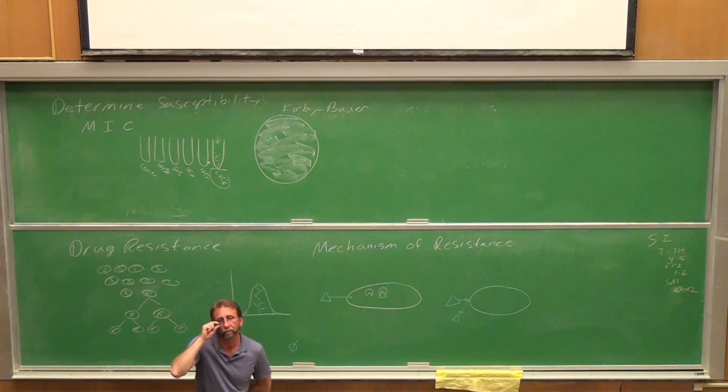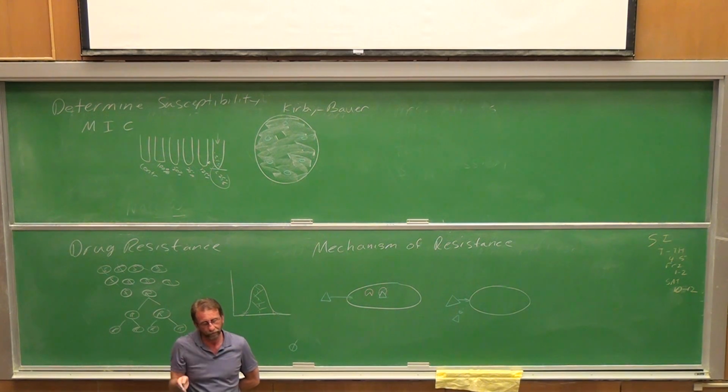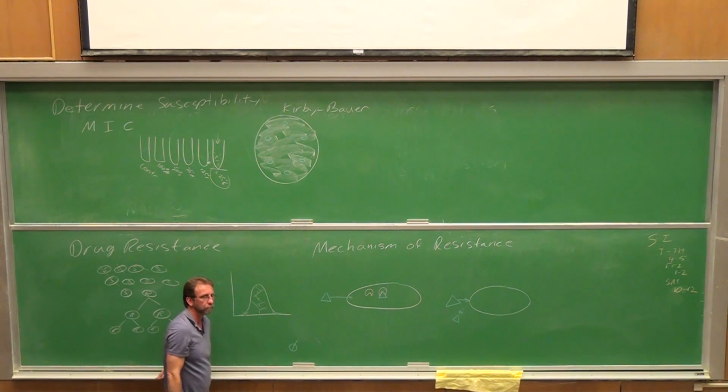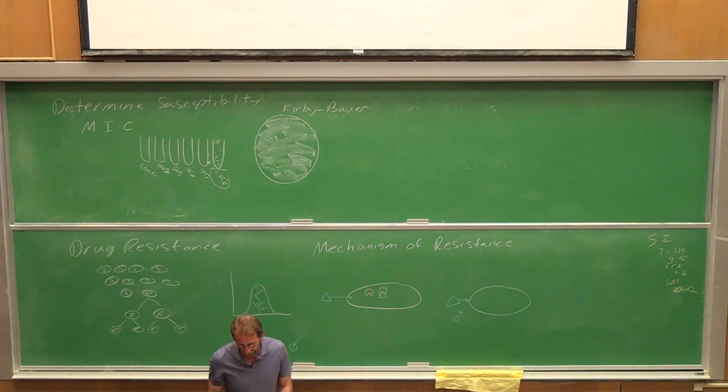How does that happen? Well, maybe it's changed one of the surface proteins that the compound bound to, or maybe the channel that it used to flow through has changed, so it doesn't fit anymore. Something the microbe has done has changed, and so now the chemical can't get into the cell.